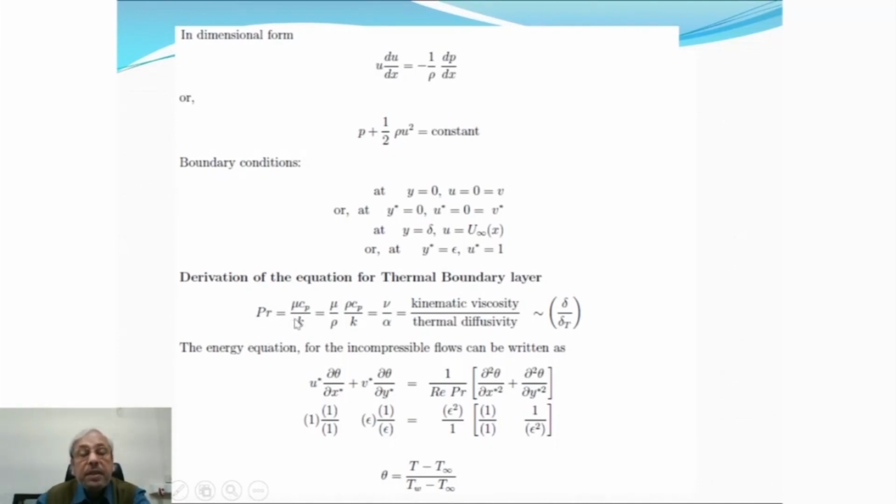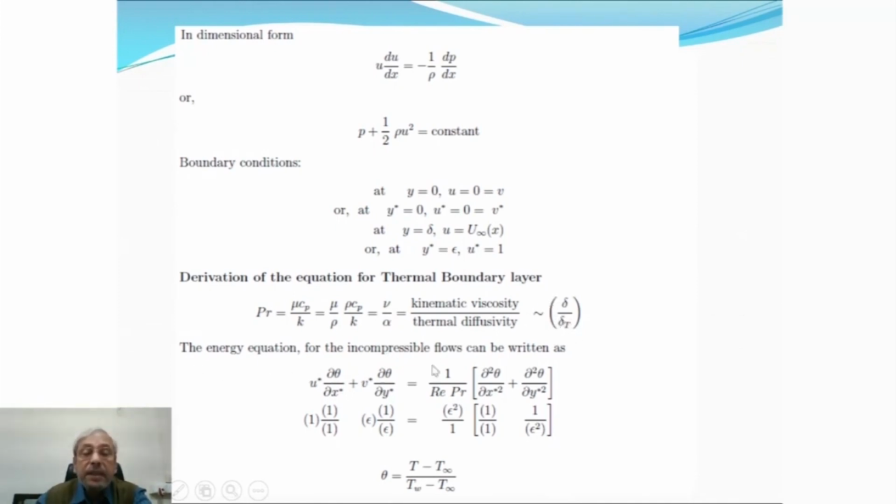Prandtl number is given by mu Cp by K. We can rearrange it as mu by rho into rho Cp by K, or mu by alpha. That means kinematic viscosity divided by thermal diffusivity. And this is of the order of velocity boundary layer thickness by thermal boundary layer thickness.